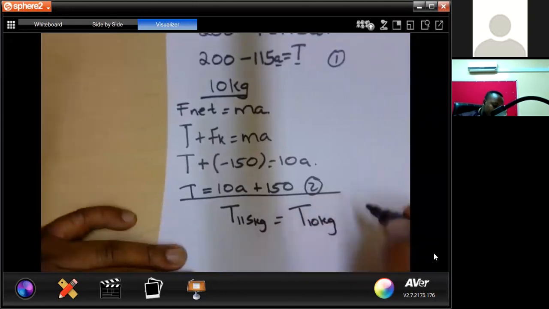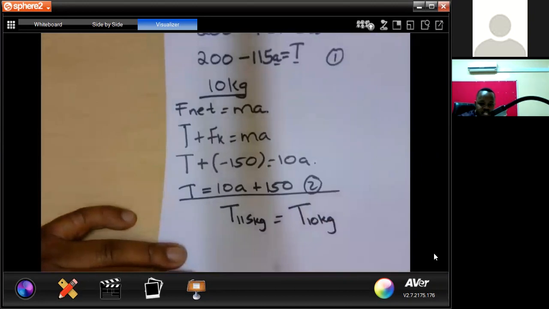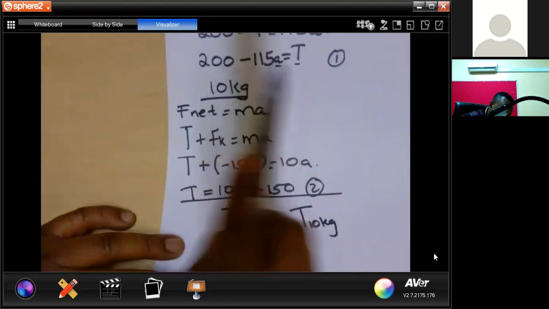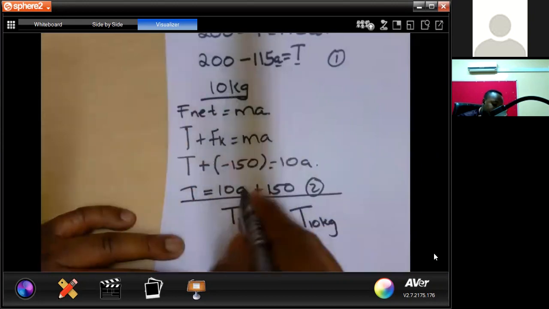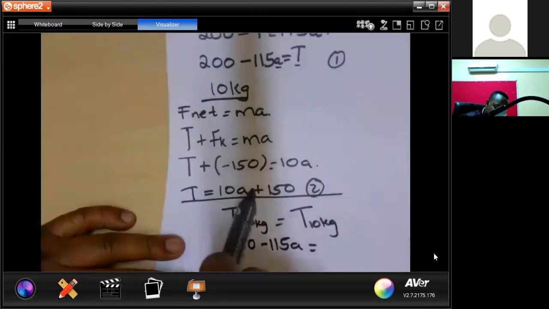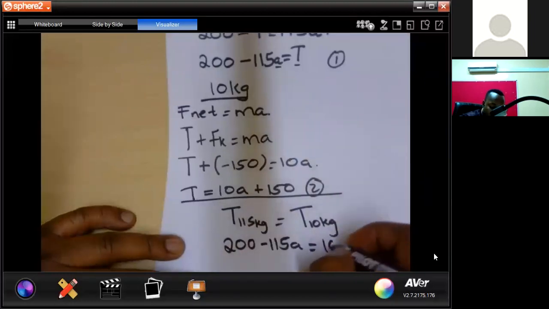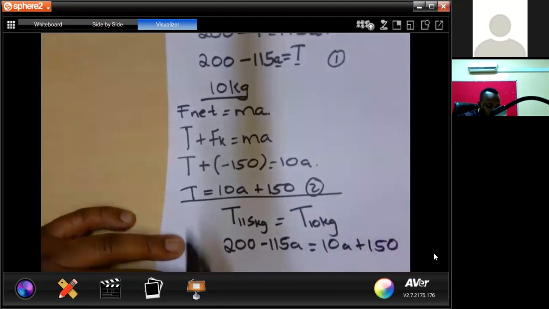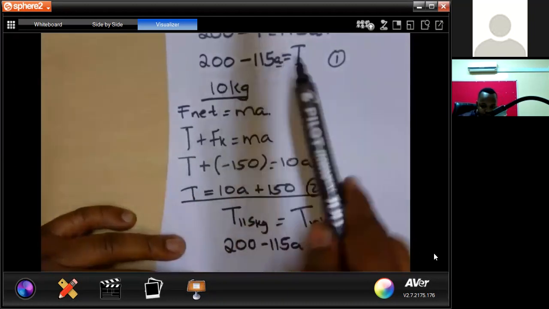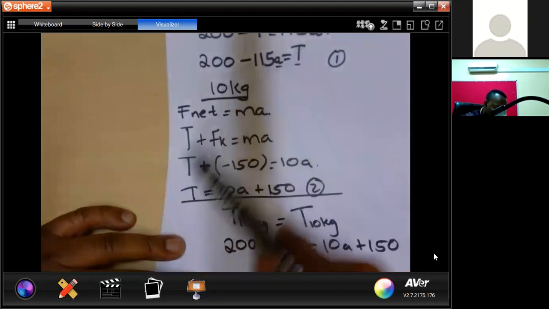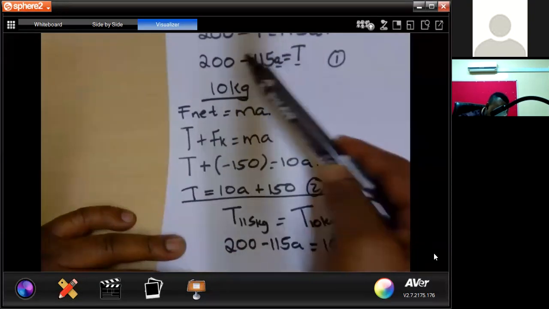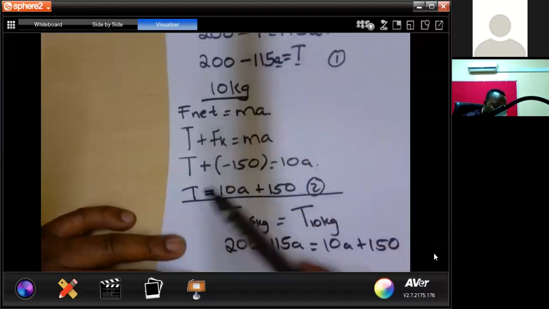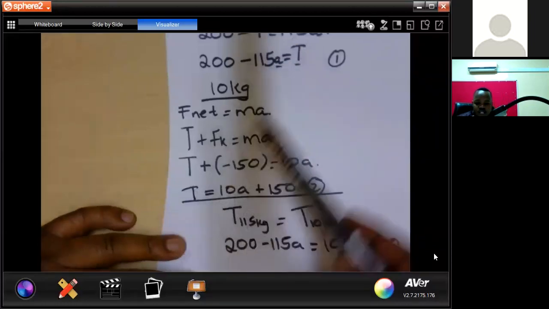The tension on the 115 kilogram is 200 minus 115A, and the tension on the 10 kilogram is 10A plus 150. You need to make sure that the two tensions are both positive, so both must be equal to T, not a negative T.